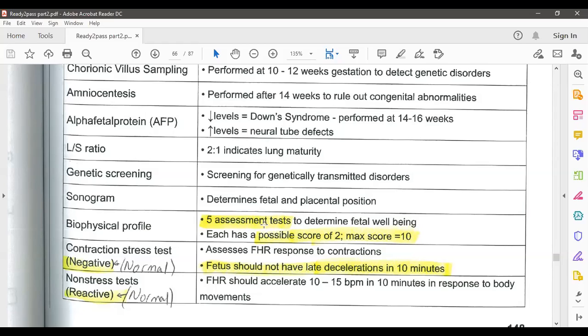So 5 assessment tests to determine fetal well-being. I said a score of 8 to 10 indicates normal. If the score is less than 8, it indicates fetal asphyxia.